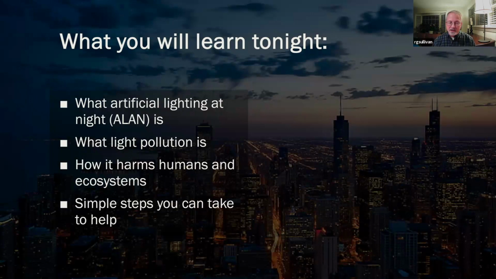And I want you to understand what light pollution is, how that harms humans and ecosystems, humans socially, but also health-wise, ecosystems, really an issue of animal health and ecological processes, and then wrap it up with a discussion about simple steps that you can take at home or wherever you are to help lessen the impacts of artificial lighting at night, or really light pollution.